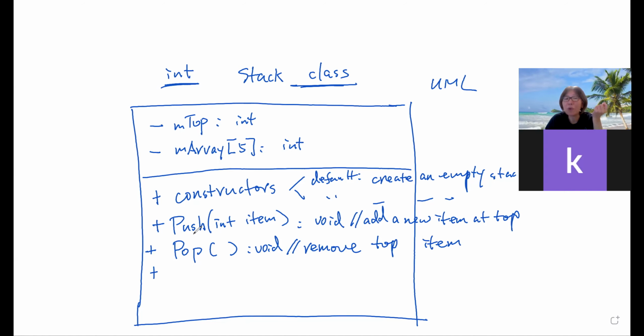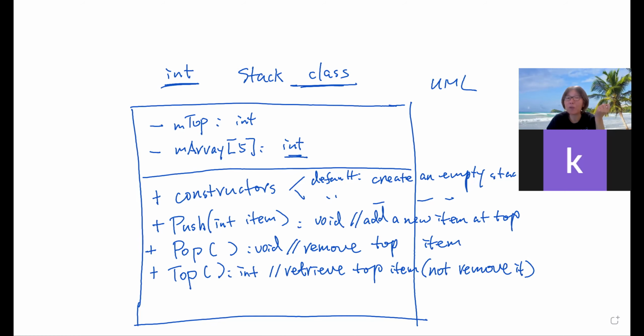Top is going to retrieve an item from the stack, and the stack type is integer, so the return type should be integer. So this is to retrieve the top item, but be careful, not to remove it.